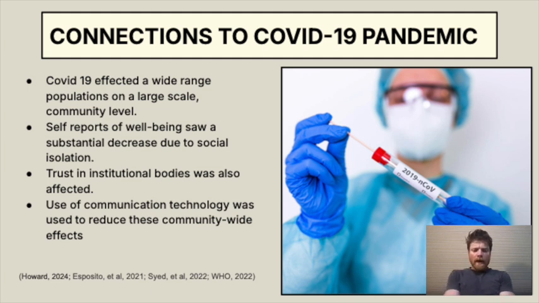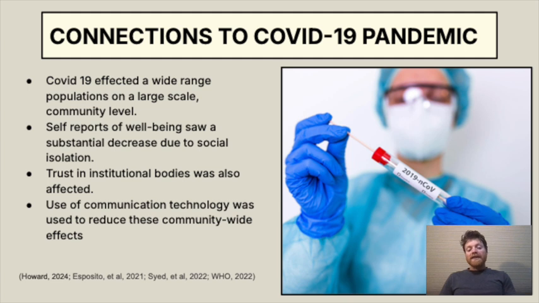It was also found, interestingly enough, as far as community psychology goes, that communication technology was a way to not only reduce social isolation that was causing decreased levels of well-being and increased levels of anxiety and depression, it also increased the trust in these institutional bodies.